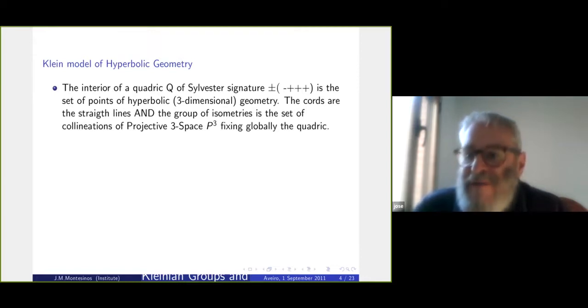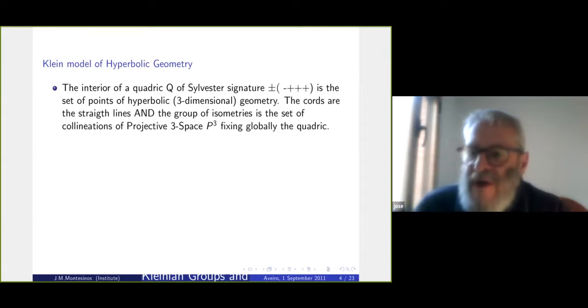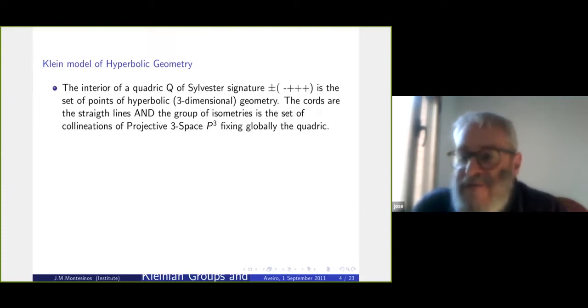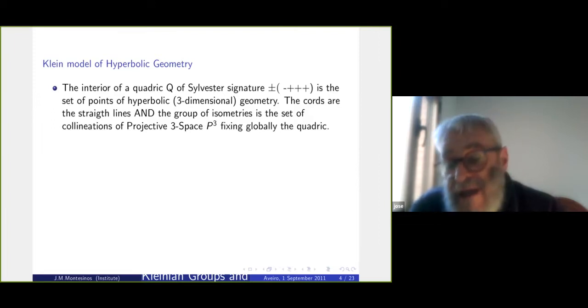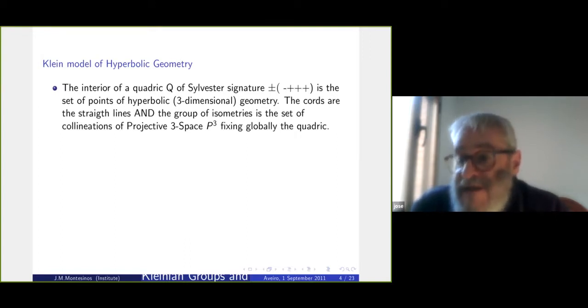The chords of this ellipsoid are the straight lines, and the group of isometries is the set of collineations of the projective 3-space fixing globally the quadric. Remember that a collineation, also called projectivity or projective transformation, in the underlying vector space of dimension 4, R^4, is just an automorphism.